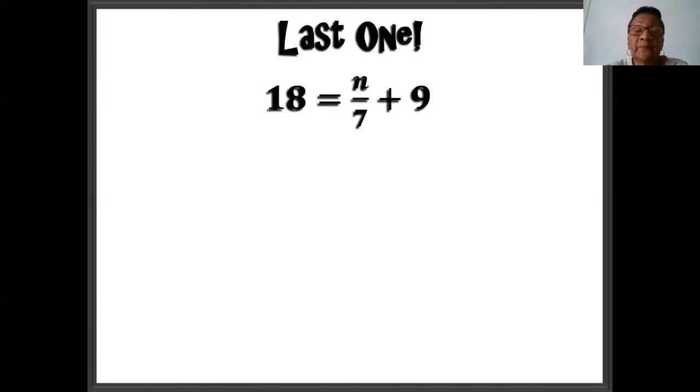Now, last one. 18 is equal to n divided by 7 plus 9. Work. Check your naming for me. We have quite a few answers. I'm coming in. Okay. Tavara, check right. I see a correction now, Tavara.